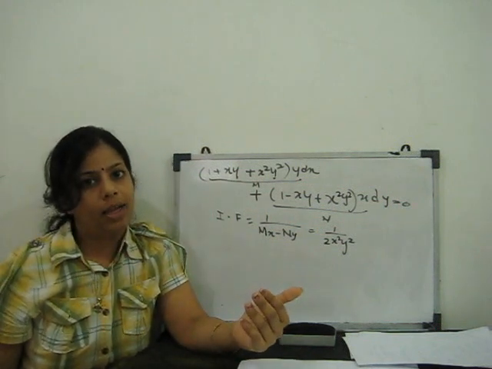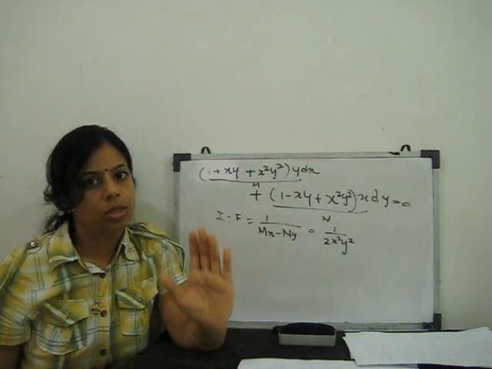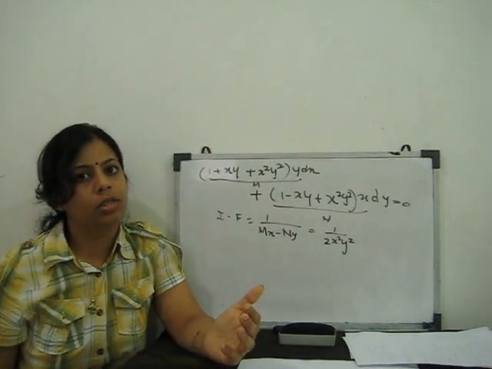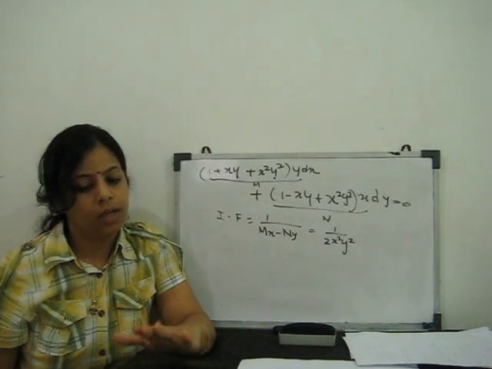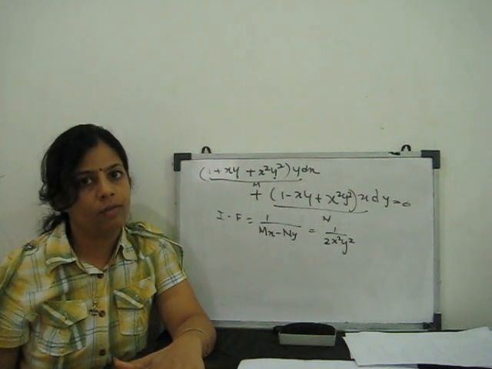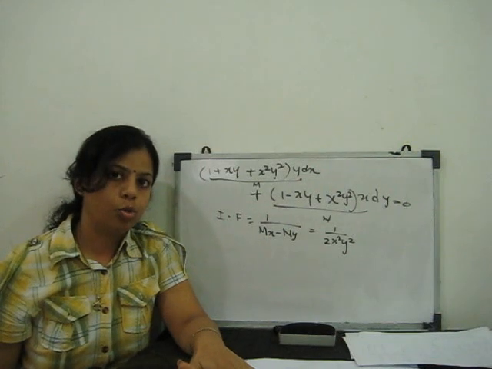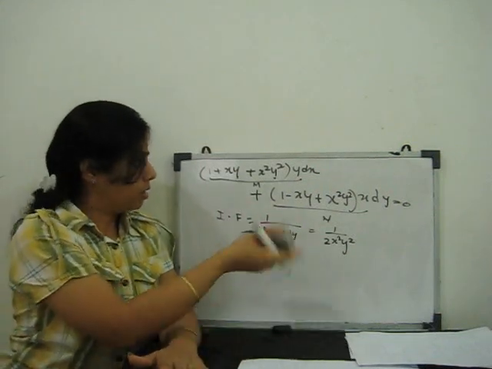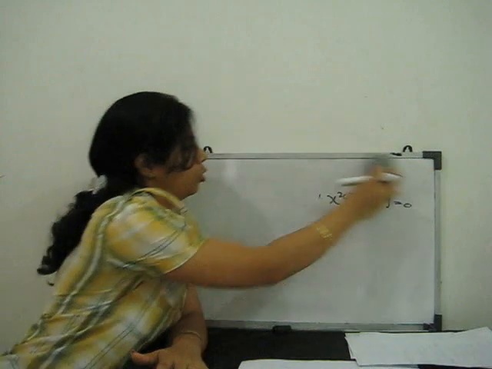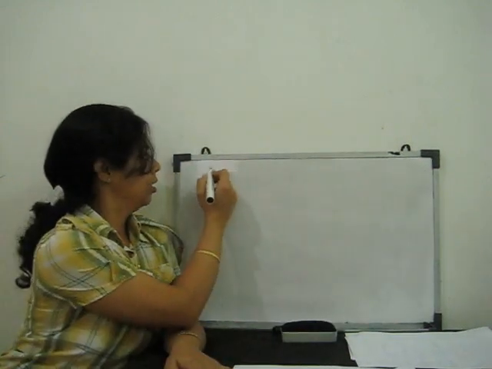By inspection means you see the problem and you have to decide which factors we have to divide by, to reduce it to exact. I will take some examples and show you how we can think and solve.